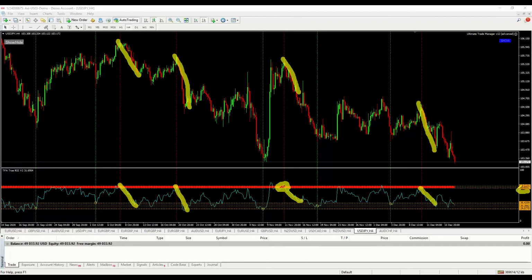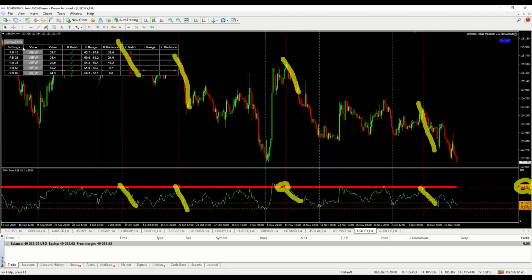What is the hidden level? The hidden level is 65%. So this allows you to find a hidden level of RSI. A lot of people use 75 or 80, 80-20, 70-30, but this indicator tells you that the hidden level is actually 65%.